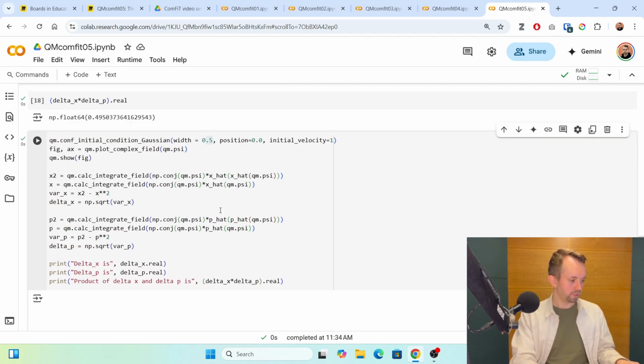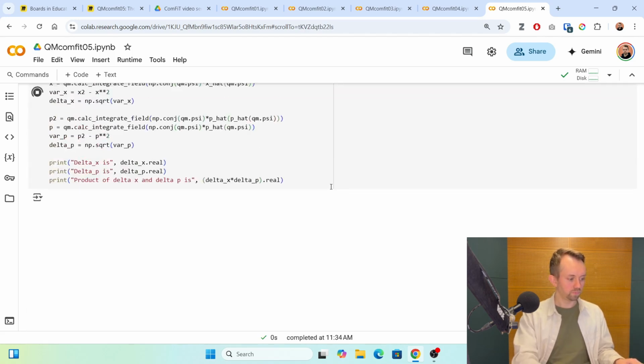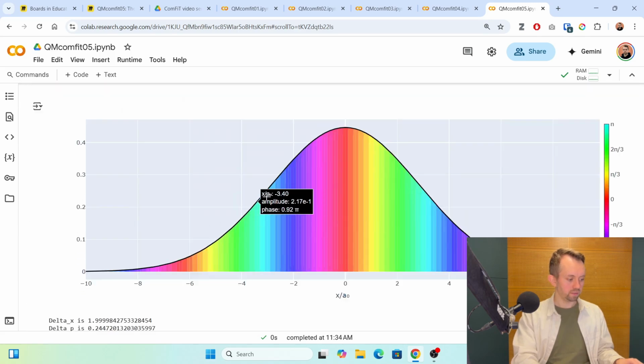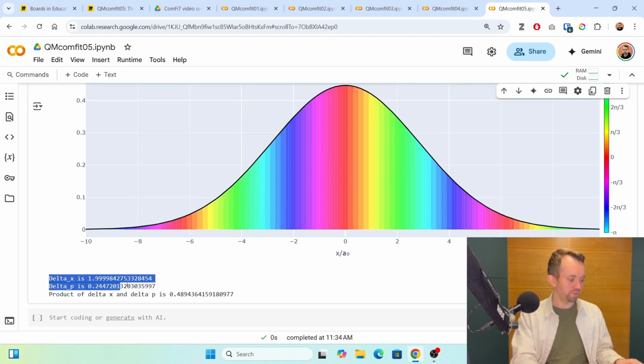And the other way around, if I make it very wide, like if I say that its width is 2, then you see that now the position is less clear. So the standard deviation in the position is now 2, whereas the standard deviation in the momentum is more clear.